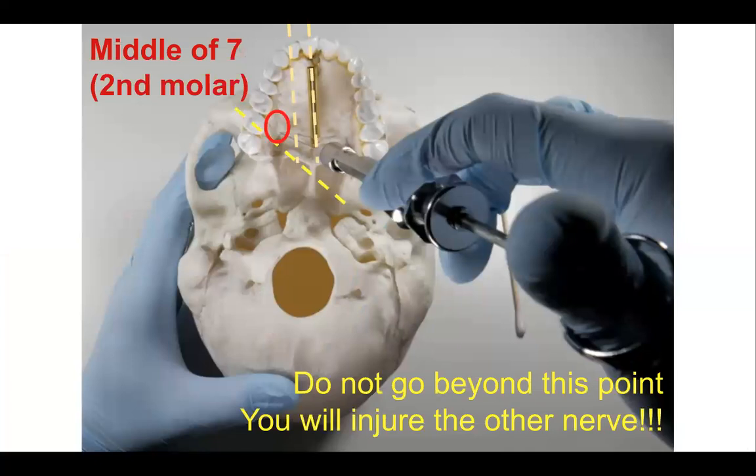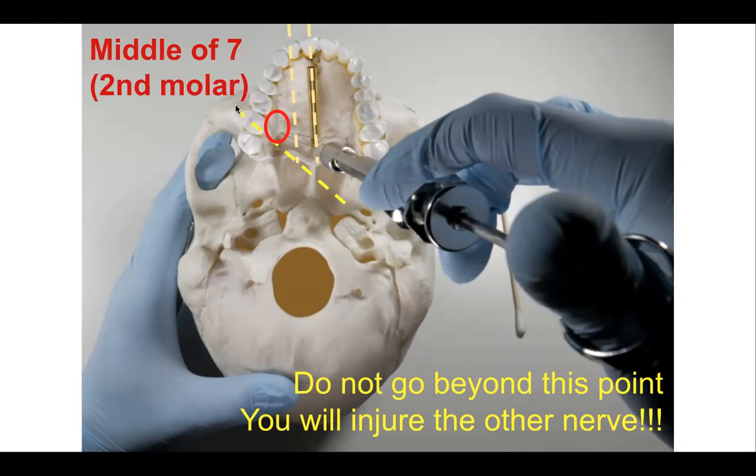So how do we inject it? This is our palate, the hard palate, and this is the middle of the palate. Imagine between the middle of the palate and the teeth, there's another line. Then imagine a line that crosses over the middle of the 7, the upper second molar.